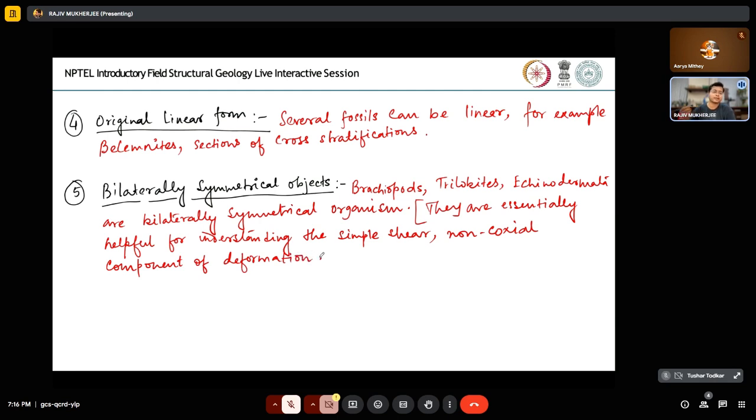So this is something which is known as bilateral symmetric objects, right?